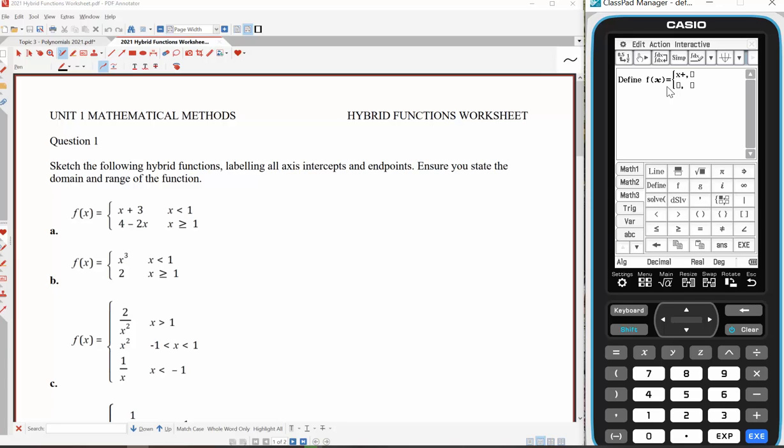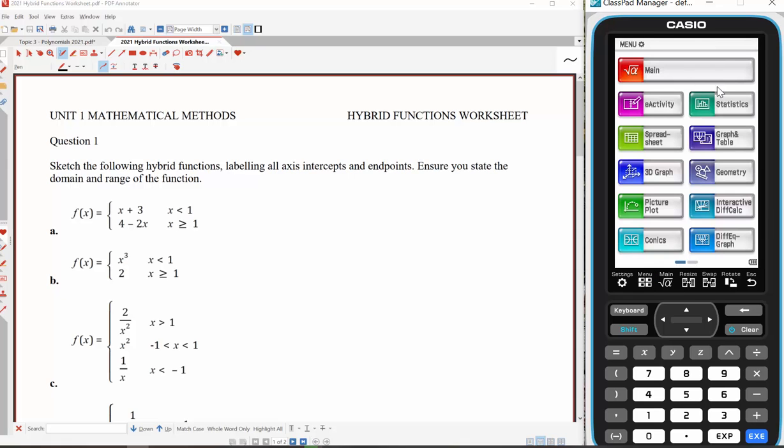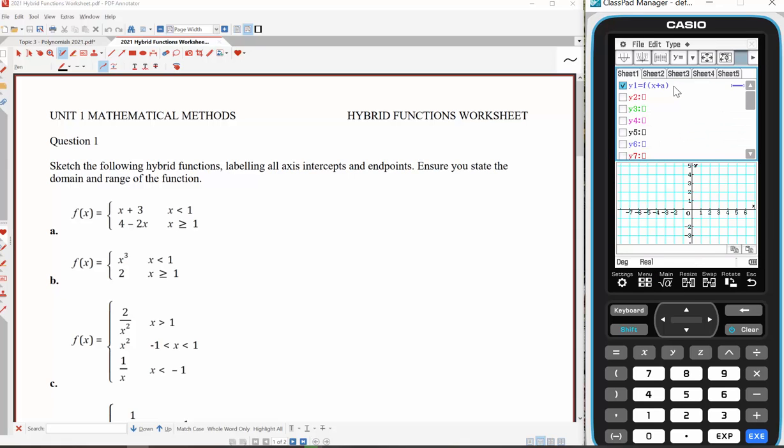So our first function is x plus 3, where x is less than 1, and 4 take 2x, where x is greater than or equal to 1. Now we'll go into graph and table, and we've got f of x here, and all we're going to do is graph it, and it knows what f of x is.